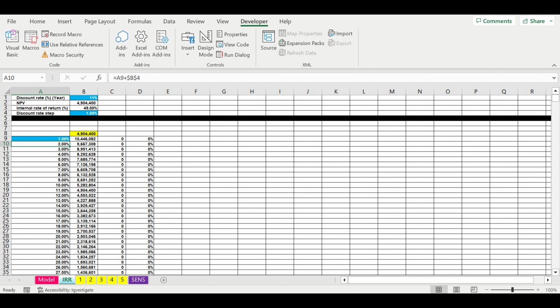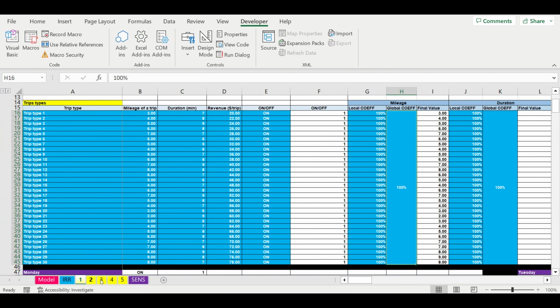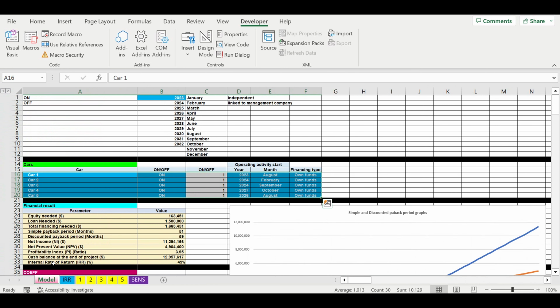Here we are calculating the internal rate of return, setting up the discount rate, the iteration of the discount rate, and calculating the internal rate of return. Here from 1 to 5 are the models for our cars. Let's assume that we have 5 cars in our fleet. And here we have a tab for sensitivity analysis, and let's walk through all these tabs.